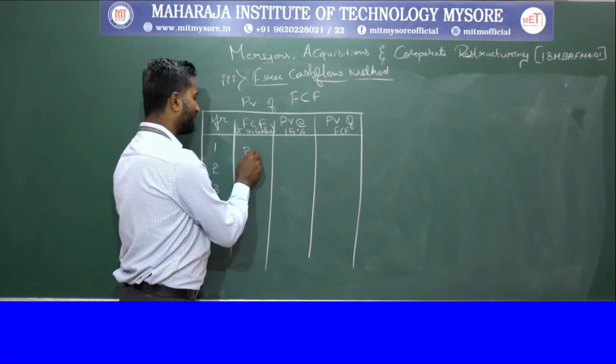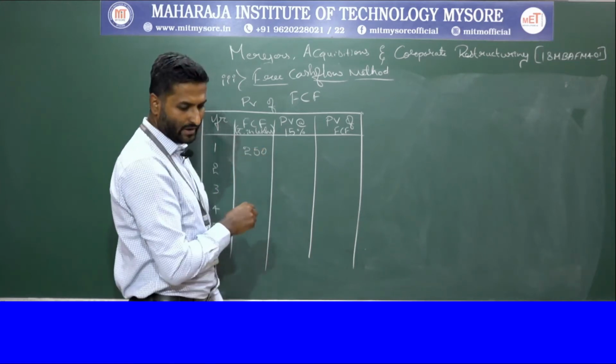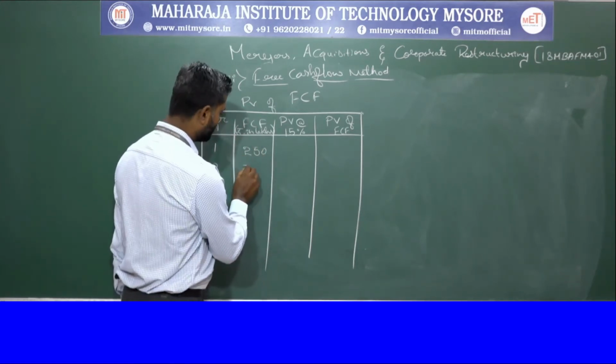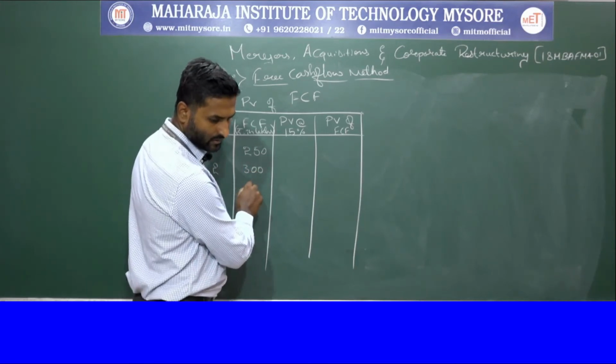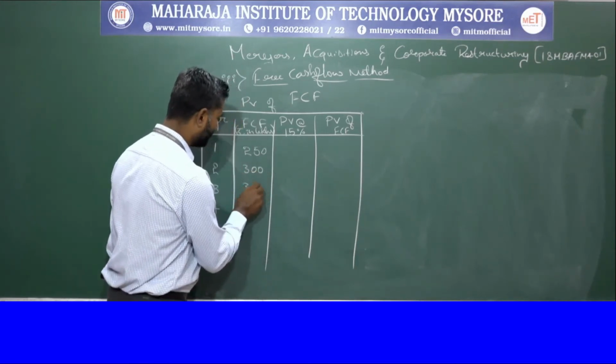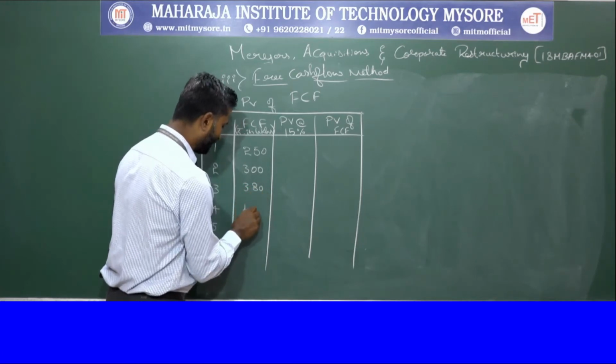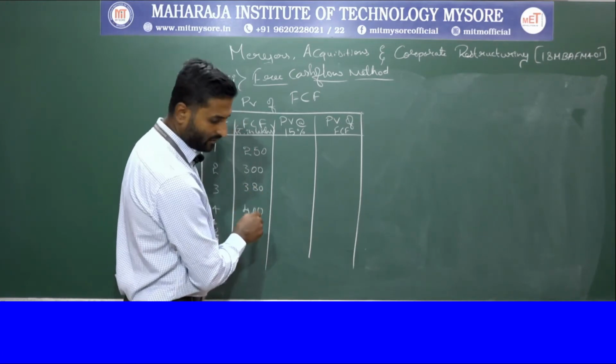So that is 250, 300, then 380, 400 and 500.